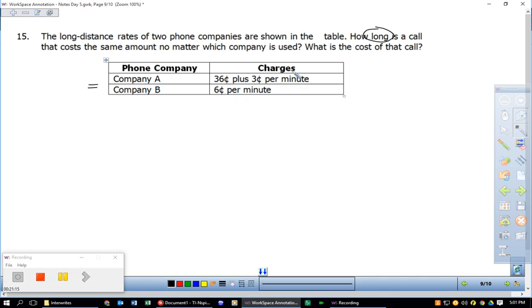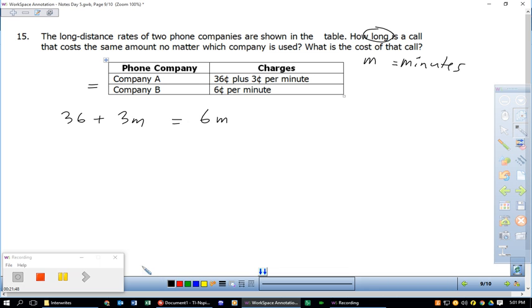So I need a variable to represent that. Actually, if you look down here, it's 3 cents a minute, 6 cents per minute. I'm going to use m for minutes. So company 1 is 36 cents plus 3 cents per minute. And they are going to be equal at 6 cents per minute.